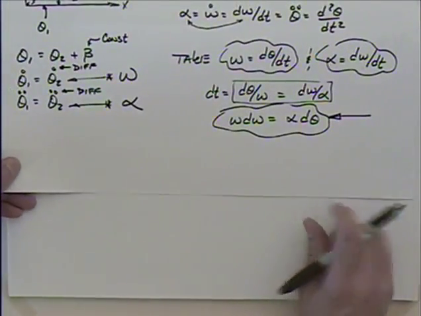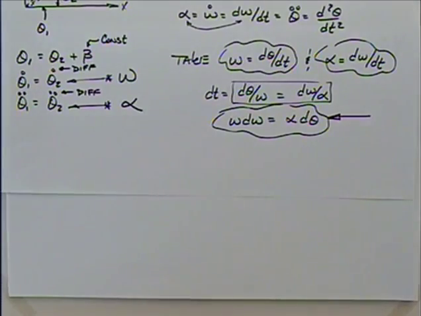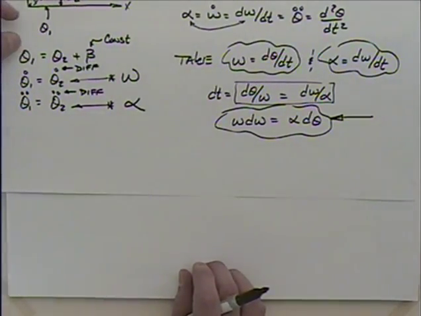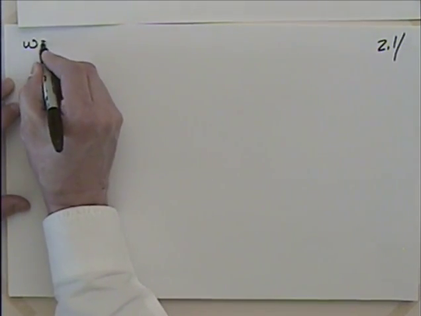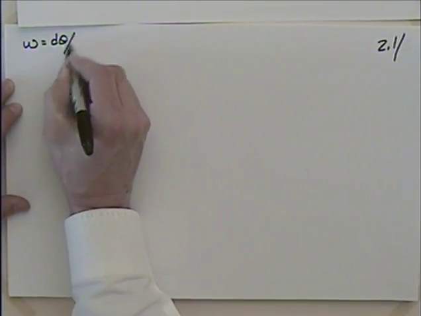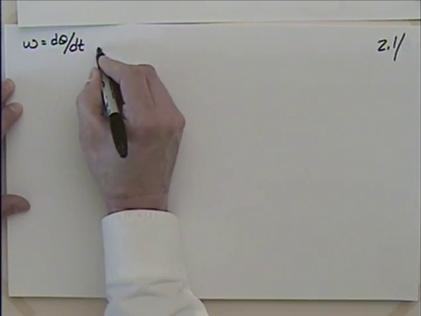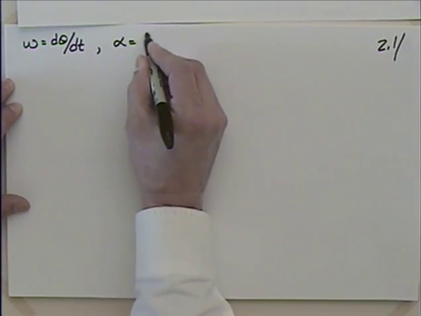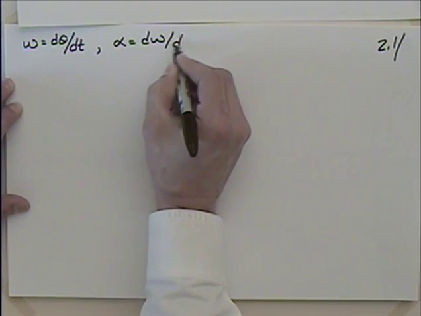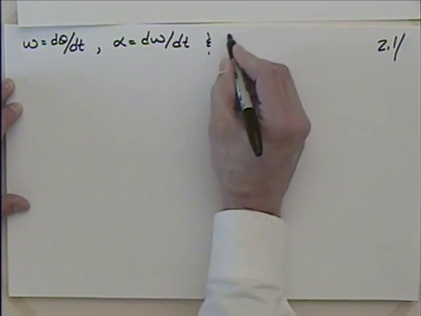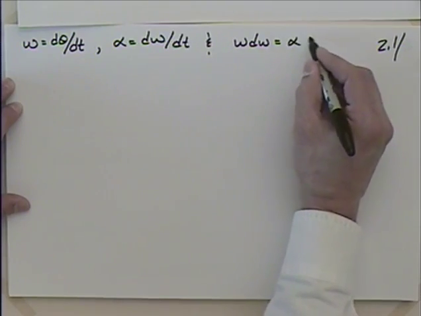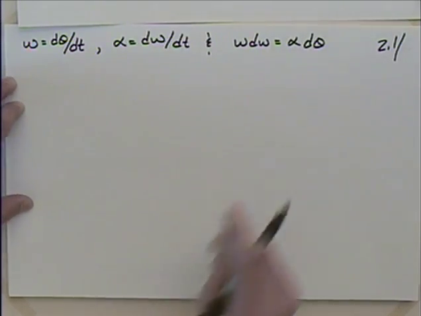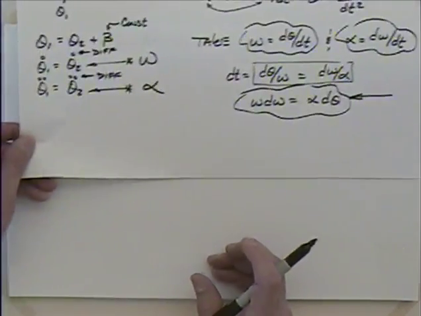So I'm going to start out with omega is equal to d theta dt, alpha is equal to d omega dt, and omega d omega is equal to alpha d theta. So let me rewrite those. Omega is equal to d theta dt, alpha is equal to d omega dt, and finally omega d omega is equal to alpha d theta, right? I mean, that was like our linear work.